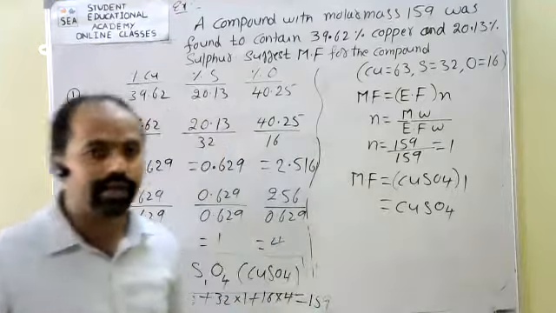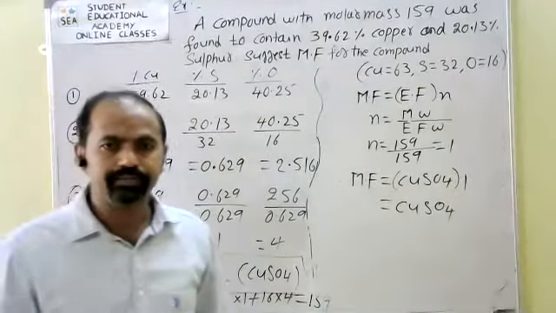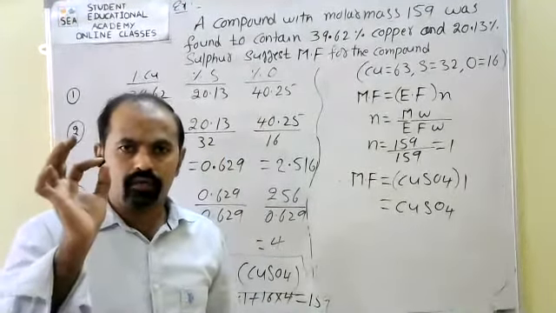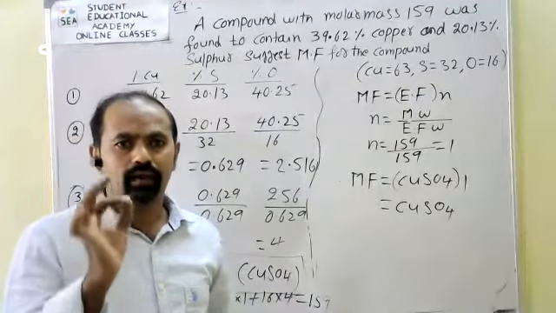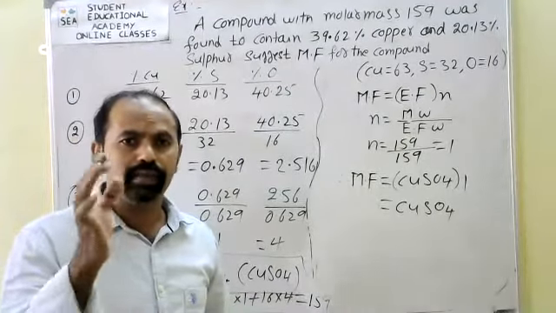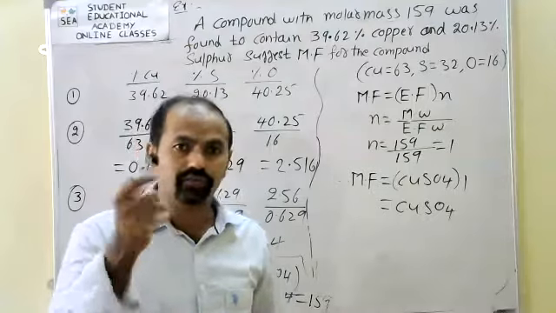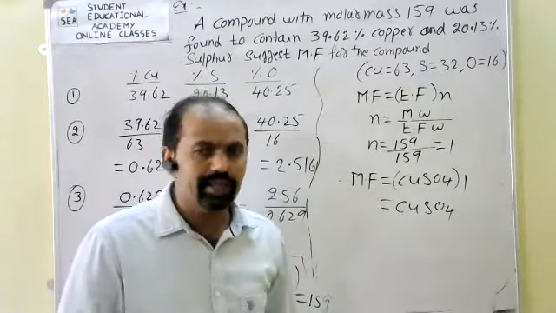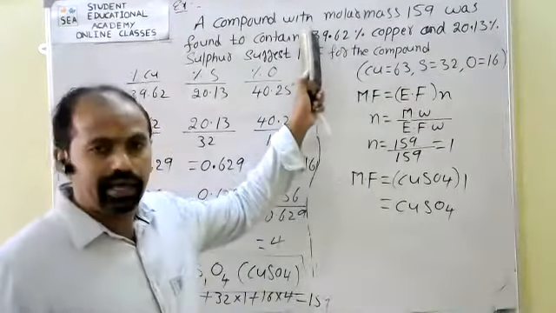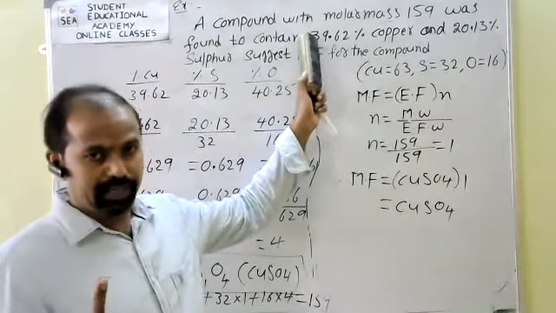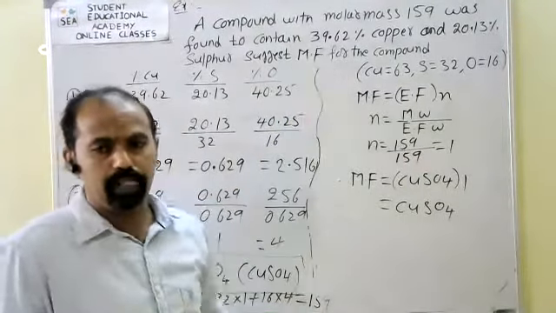How to calculate? Okay, step 1. First, determine the percentage weight of an element experimentally. Already they are given here, the percentage weight of an element, so there is no problem.